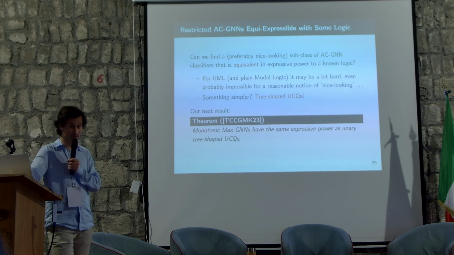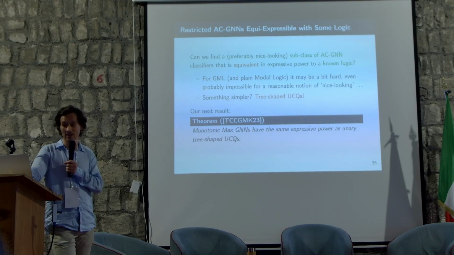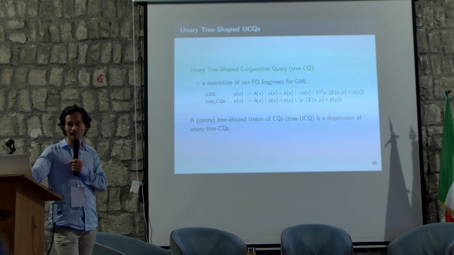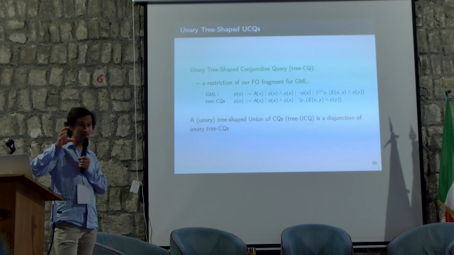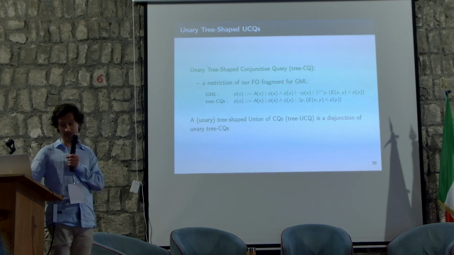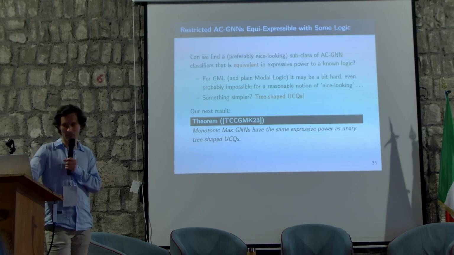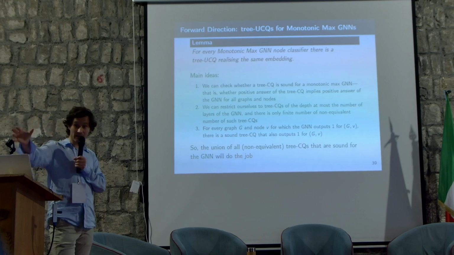And this is possible for different classes of GNNs. For example, unions of tree-shaped CQs have exactly the same expressive power as a quite large class of GNNs, so-called monotonic max GNNs. And more expressive GNNs have more expressive corresponding logics.